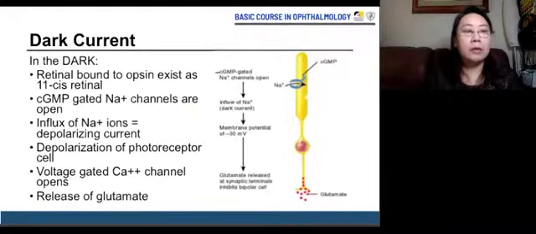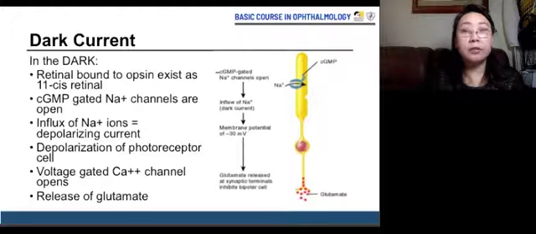So in the unstimulated state or in the dark, the retinal bound to the opsin is in its 11-cis retinal form. Cyclic nucleotide-gated channels in the outer segments are open because cGMP is bound to them.